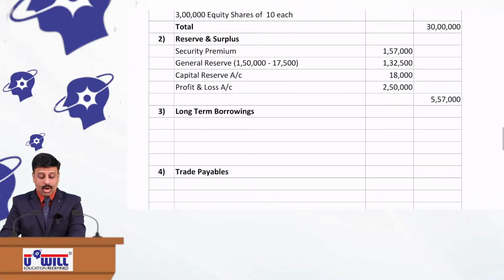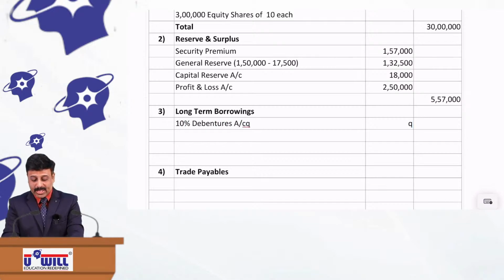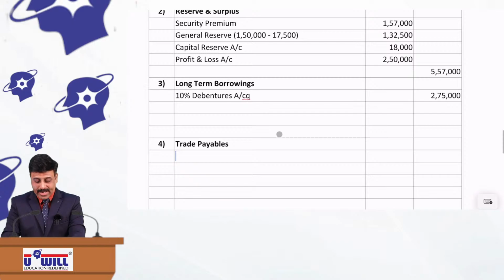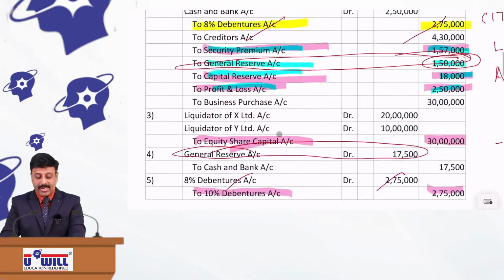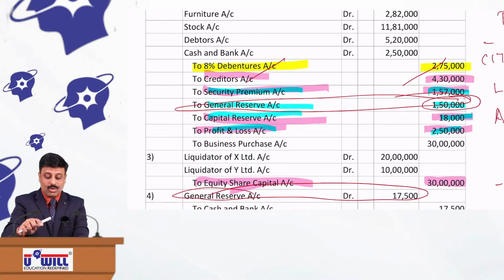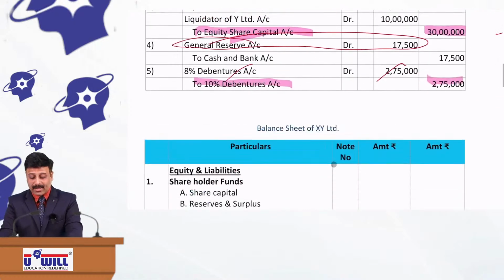So long-term borrowings will include 10% debentures of 2,75,000. Then trade payables, creditors that we already have. See in the journal entry, creditors is what amount? Over here, second entry, creditors are 4,30,000. So creditors will come with 4,30,000.